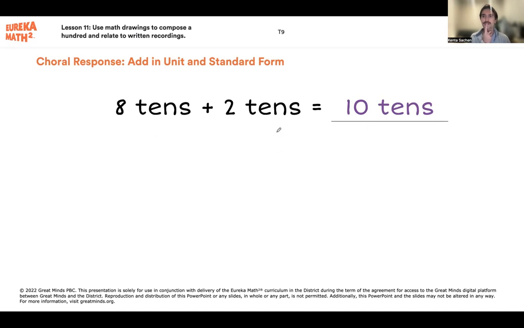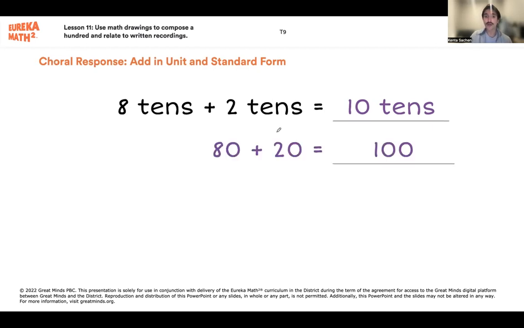What did we do when we had 10 or more tens in our place value chart? Remember, we crossed them out. We circled them. What did we make? Yeah, we made 100, right? So 80 plus 20 is 100. 10 tens is equal to 100.